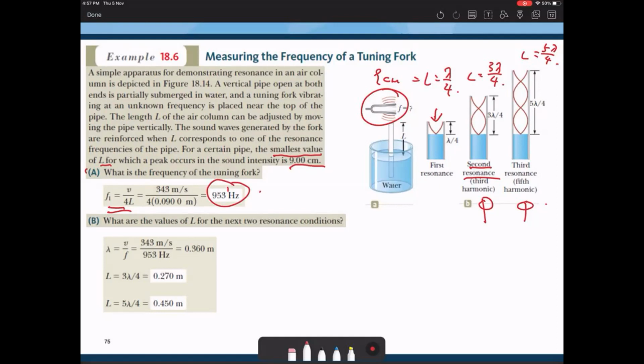And in the next lesson, I will be doing some tutorial questions before we start on the lecture on lecture notes number 4. So hopefully that would help you to understand more about the standing wave.